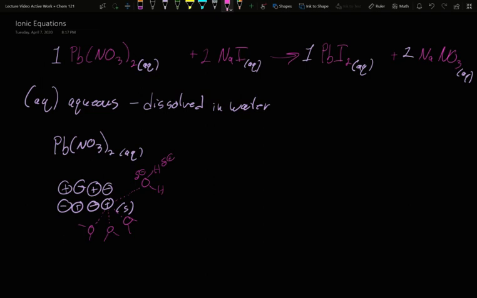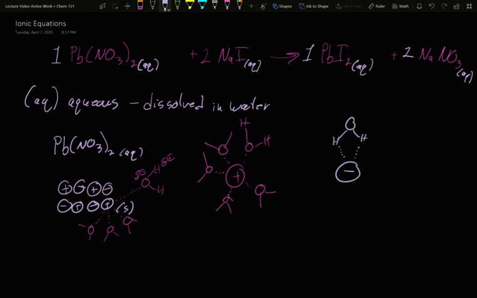The net result is a dissolved ion looks fundamentally different. We've got our waters here attracted, and you'll have a lot of waters. I'll draw them a little simply here. They will surround those ions and drift them away. And for a negative ion, you'll just have the water facing the other way. Those partially positive hydrogens can interact with a negative ion.